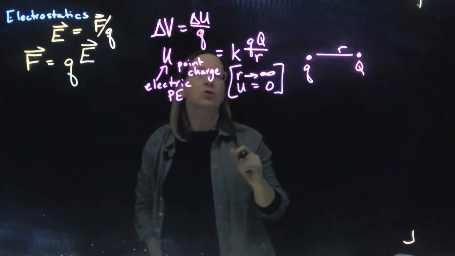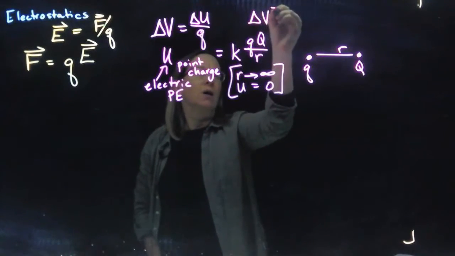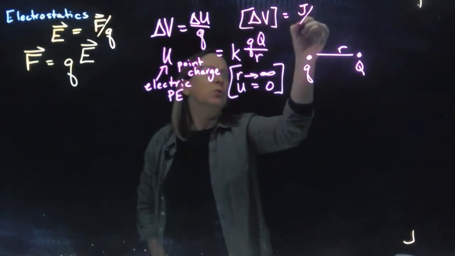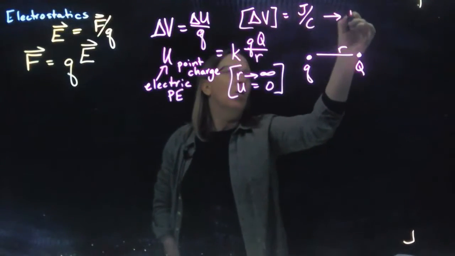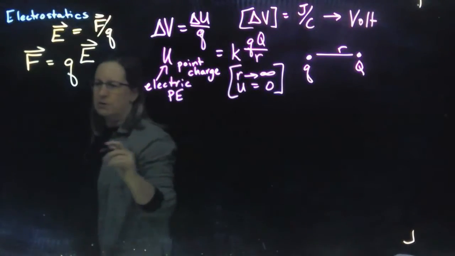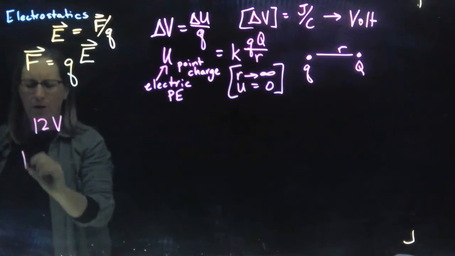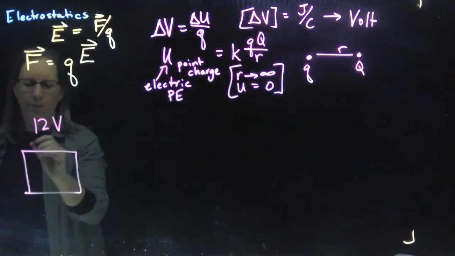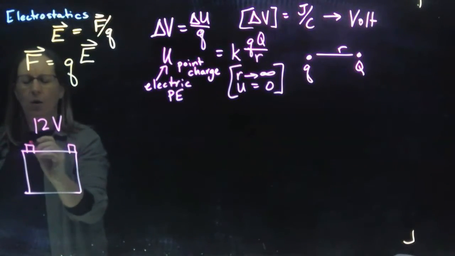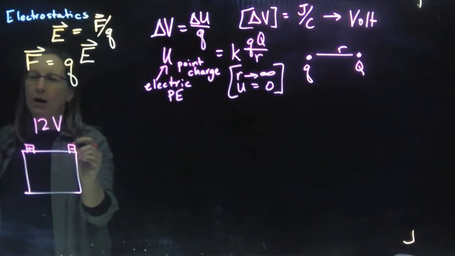It's not energy. And this delta V has units of joules over coulomb, which we call a volt. So when we have, say, a 12-volt battery, like a car battery, what that means is that one terminal, the positive terminal, is 12 volts higher than the other.